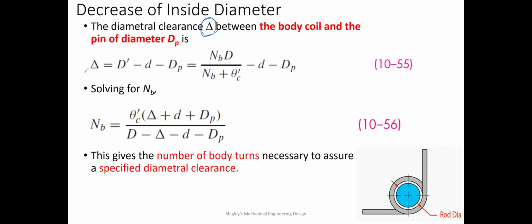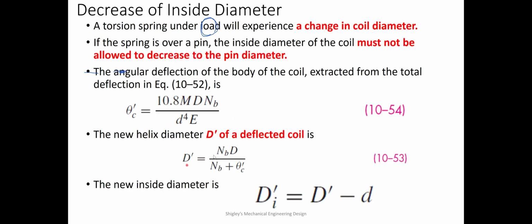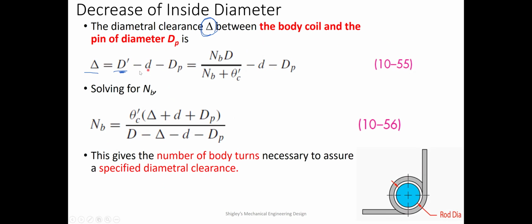This clearance equals D prime, the new helix diameter, minus the wire diameter, minus D P, where D P is the pin diameter.